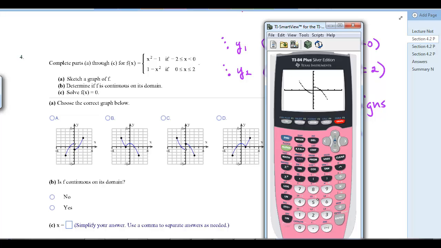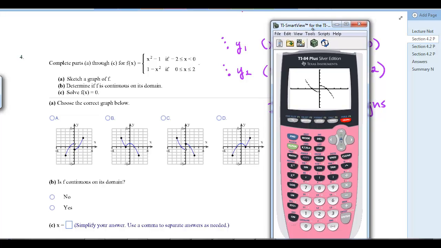All right, so let's see if, looking at these 4, we can find the one that we believe it is here. The only thing that's not going to show up on your calculator is the open circle and closed circle. Look here, if x is between 0 and 2, it has the equals, which means that will have a closed circle.